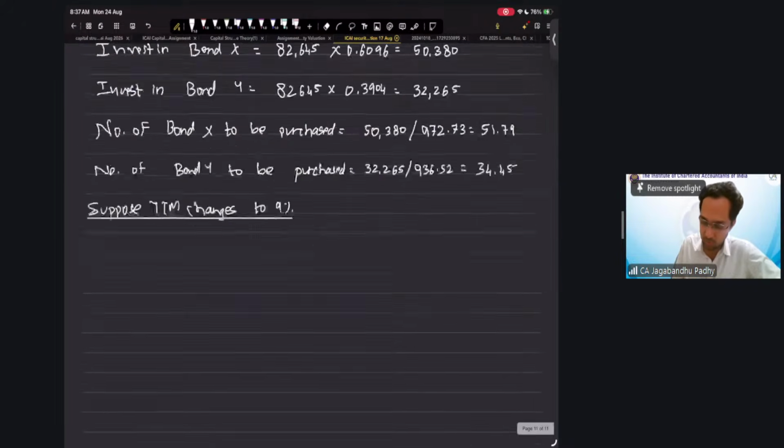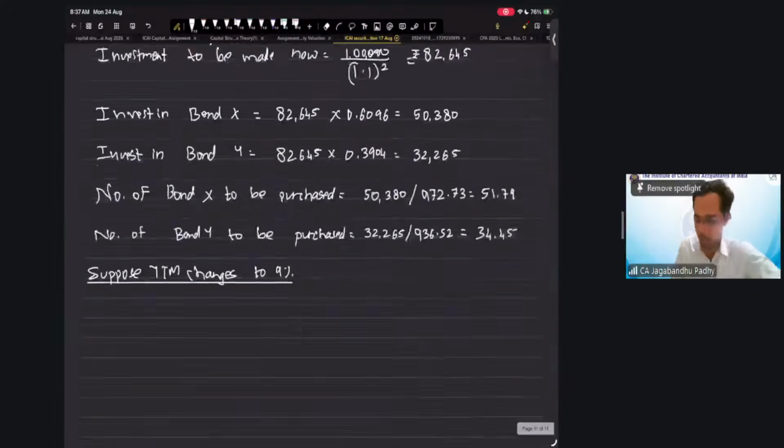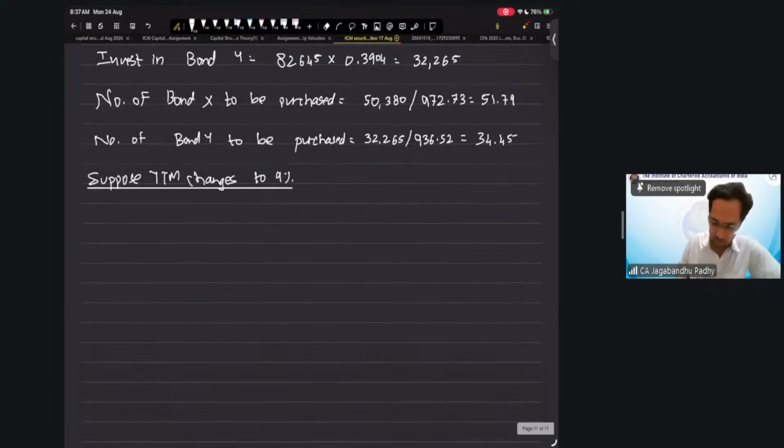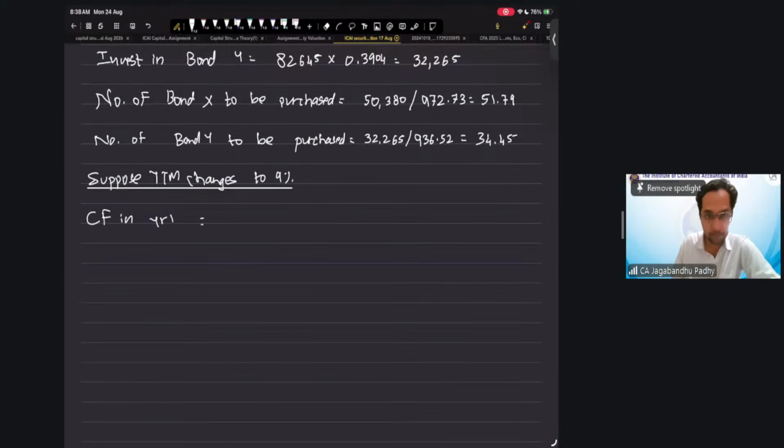Since bond X is maturing, when is bond X going to mature? In which year? First year, right? If YTM changes to 9%, what will be the cash flow in year one?